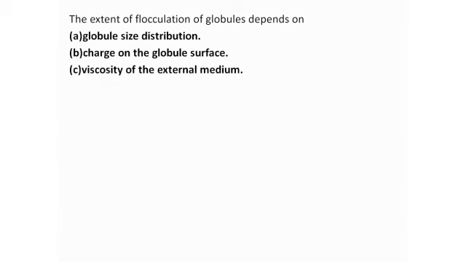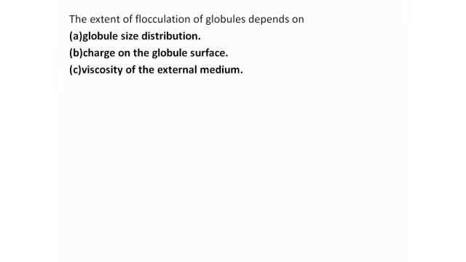Now the extent of flocculation of the globules depends upon three things. Number one, the globule size distribution. Some globules may attain, suppose, a size of 100 nanometers, some attain 150, some 200, some 1000 nanometers.